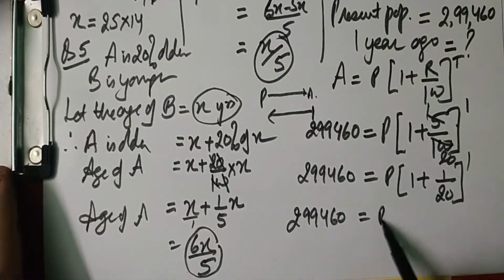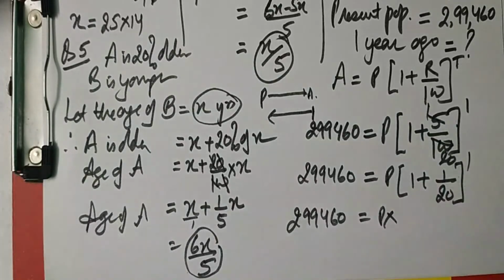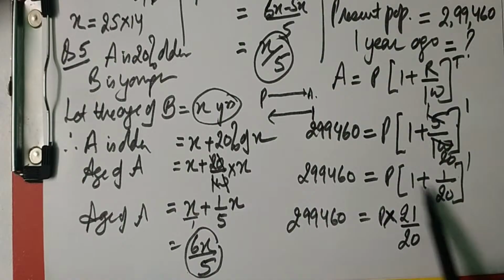299460 is equal to P into 1 plus 1 upon 20. Take the LCM, it will become 21 upon 20.